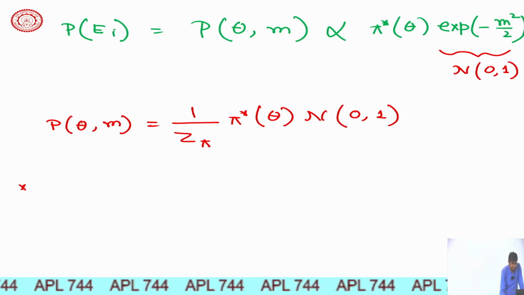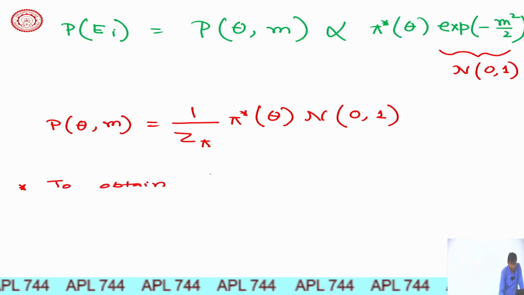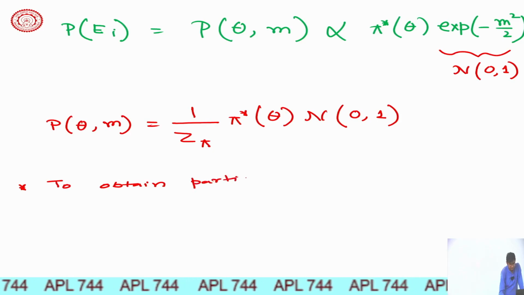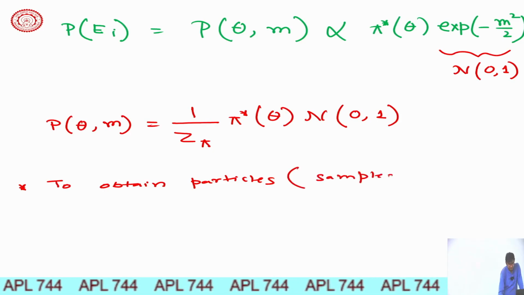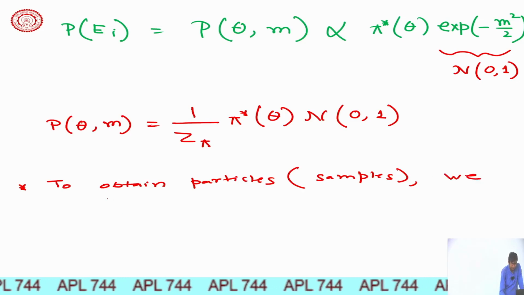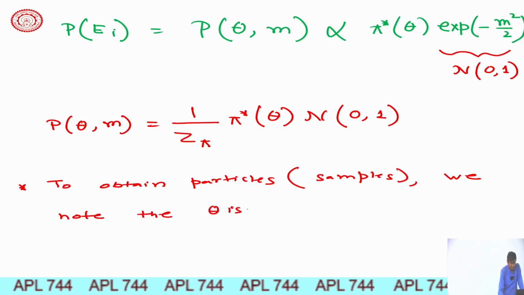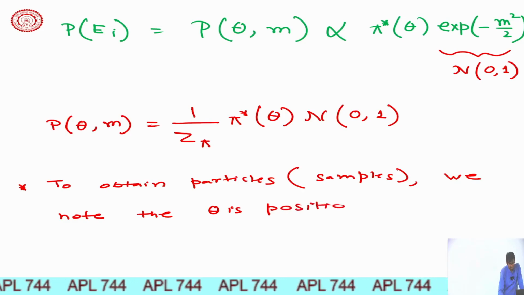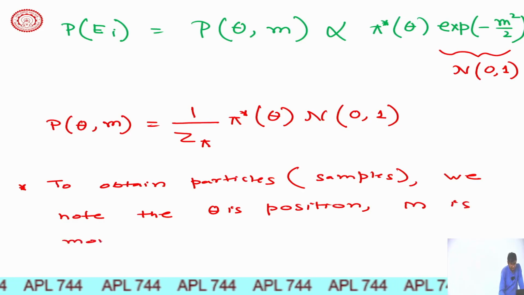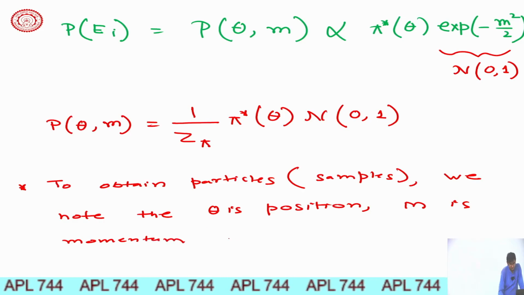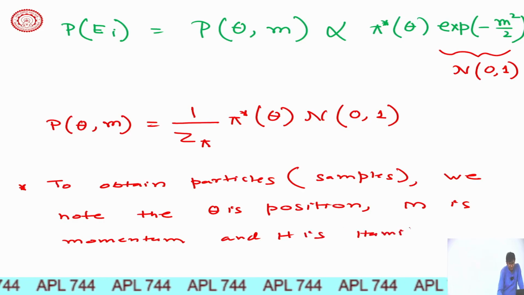So to obtain particles, which is equivalent to samples basically, we note that theta is position, m is momentum, and H is Hamiltonian.